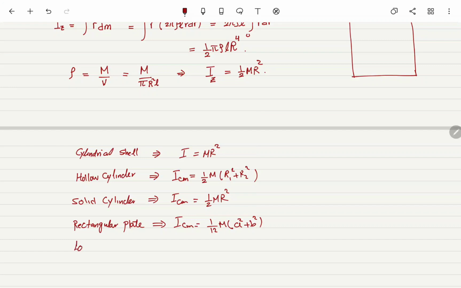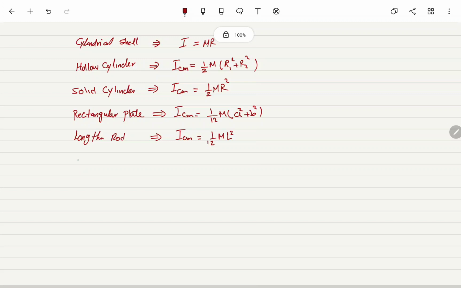For a long thin rod, the moment of inertia about its center is equal to 1 over 12 m l square, and for a long thin rod with rotation axis through one end, it is equal to 1/3 m l square.